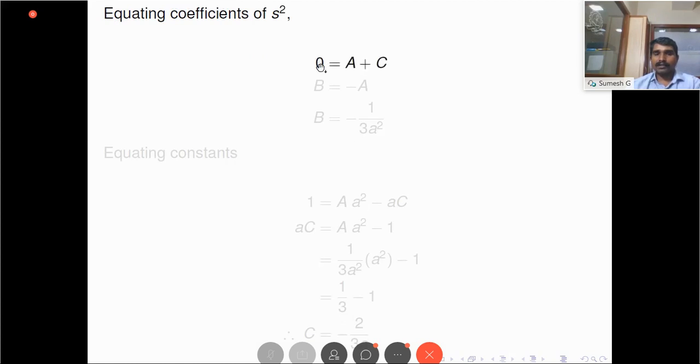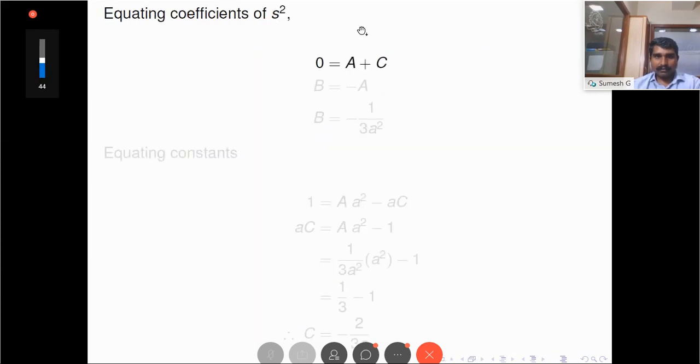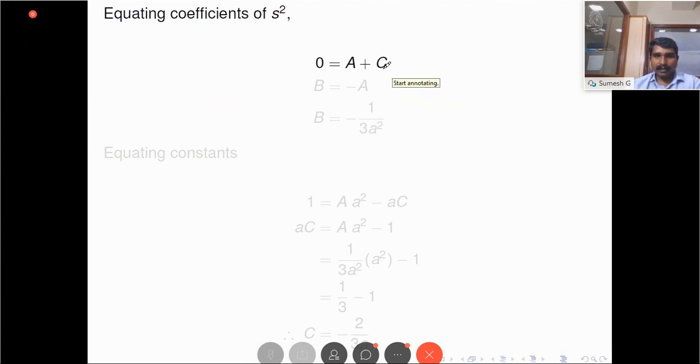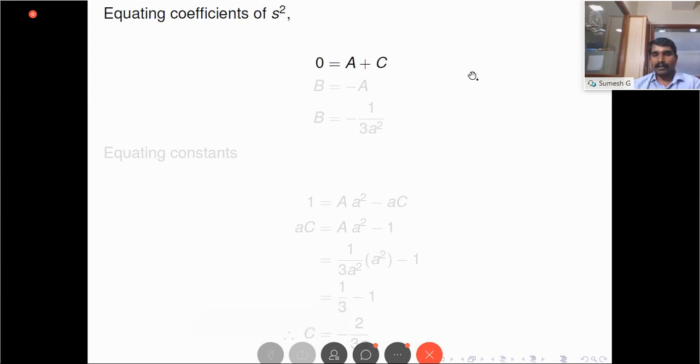We obtain 0 equal to A plus B. So we have B equal to minus A.